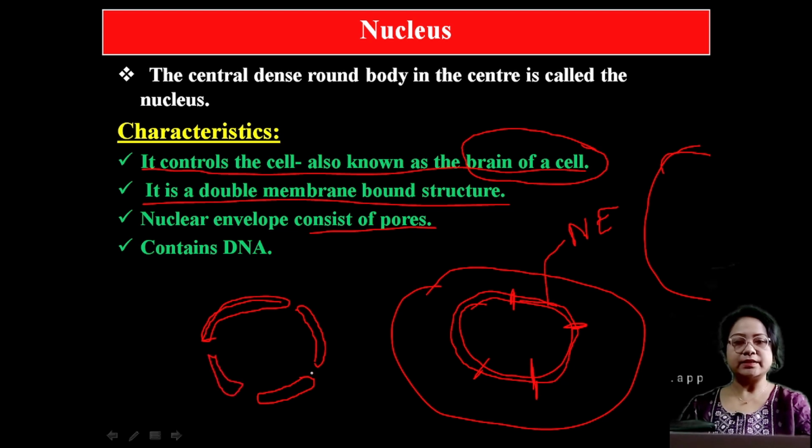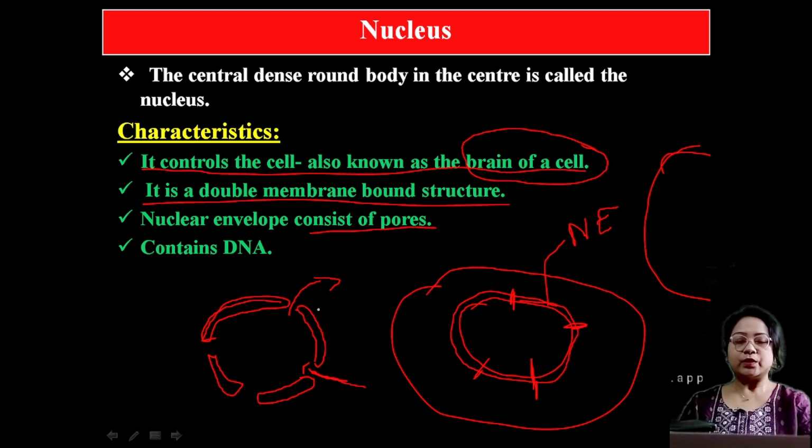From these pores, what will happen? Some of the materials will come from the cytoplasm and then enter the nucleus, and some of the materials will go to the cytoplasm from the nucleus.